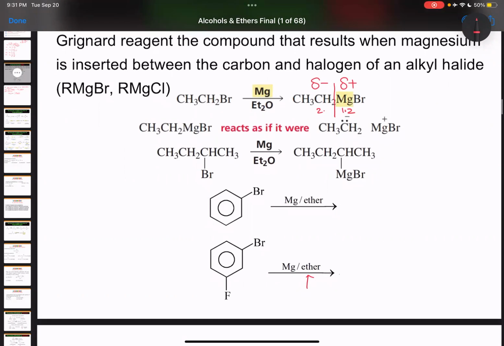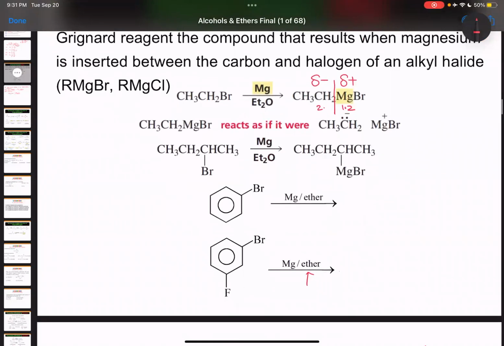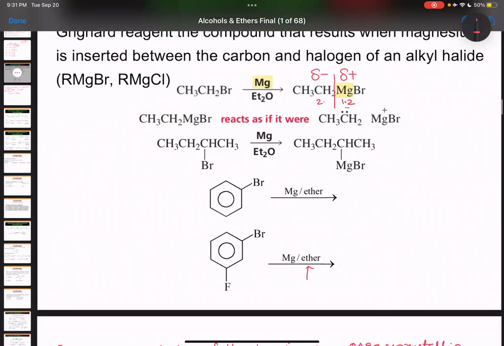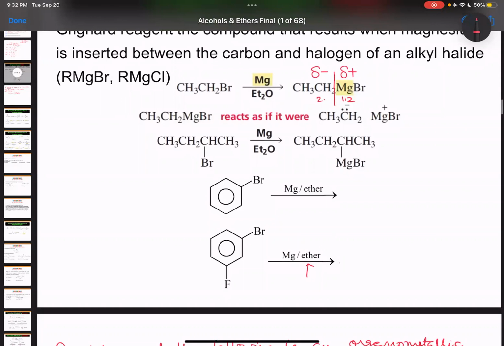So your whole Grignard is going to get spoiled if you have water or alcohol in it. So you should not have any compound which has acidic hydrogen in it. Okay, clear? That is very important. Yes, sir.